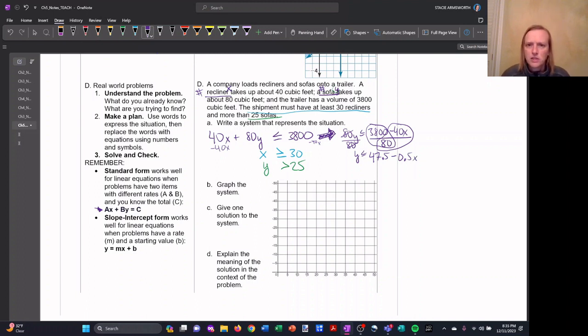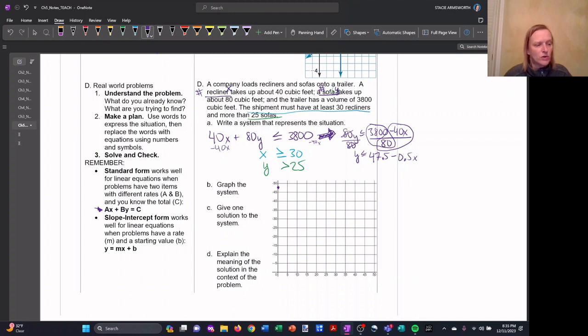All right, so let's graph that. Our y-intercept is 47.5 here, and we go down half a unit each time we go to the right 1 unit.